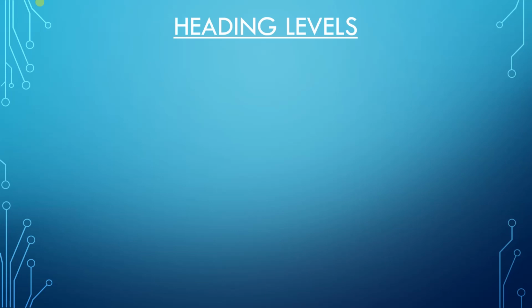This heading is the heading which you give to the topic, like a chapter's name. Any topic's name that is highlighted should be the heading, or any heading which you are giving to your topic. For that purpose we are going to use these heading levels, right?